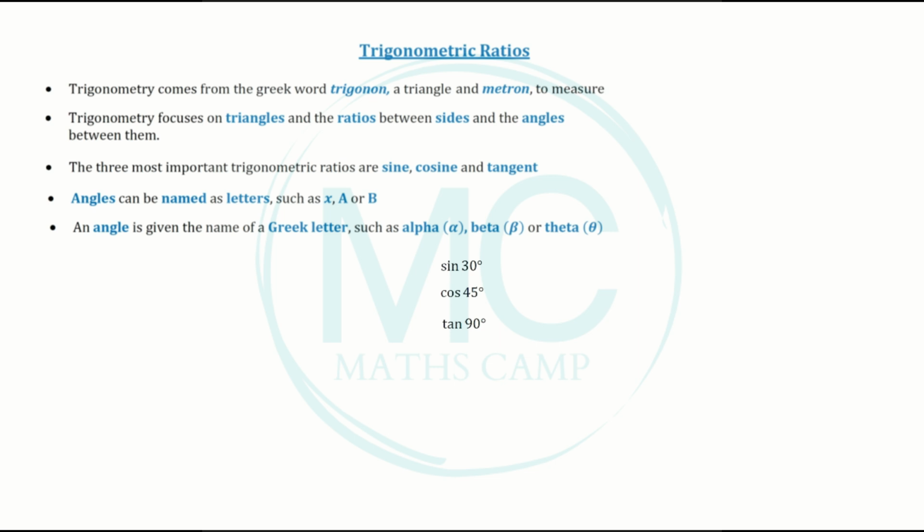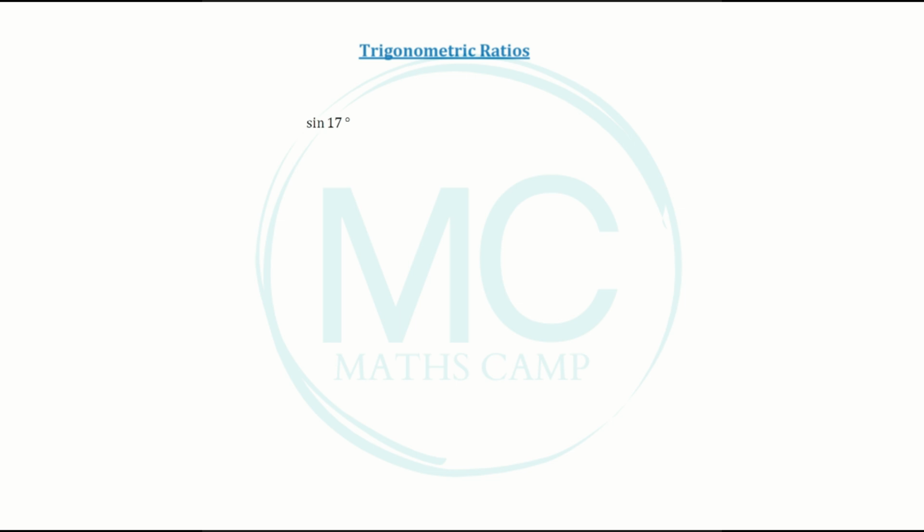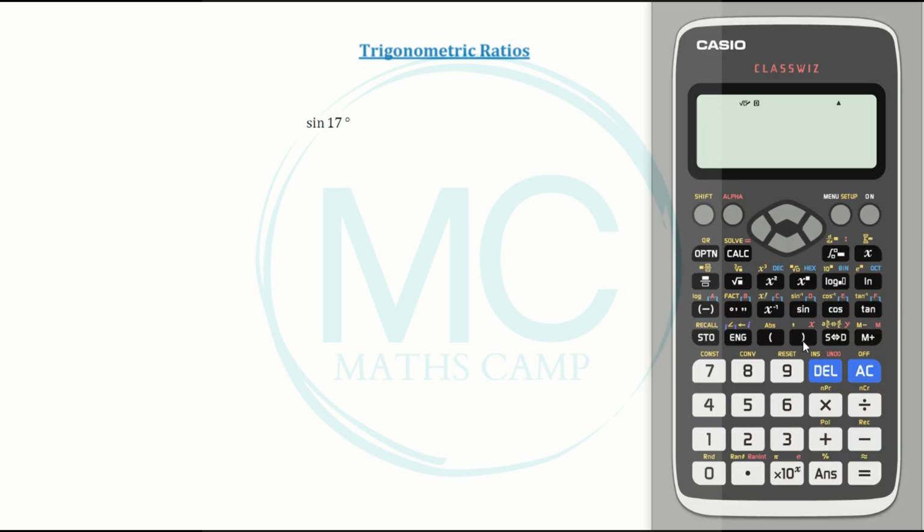Let's find the value of sine 17 degrees. So we take our calculator, and over here we can see the sine, cos, and tangent ratios. So we say sine followed by 17 is equal to 0,2923, and so on.